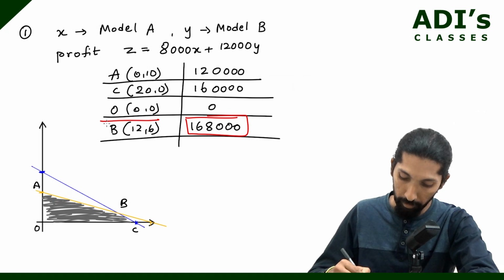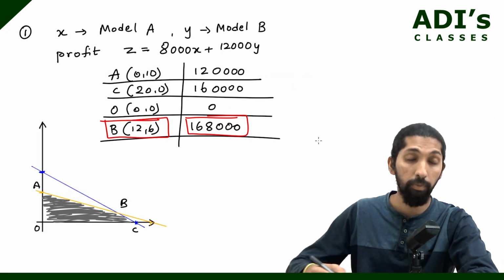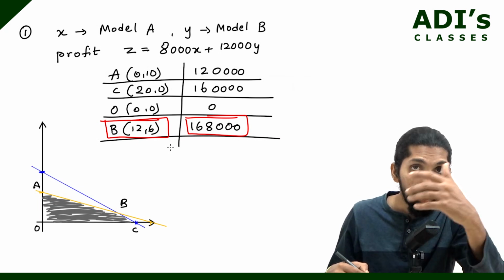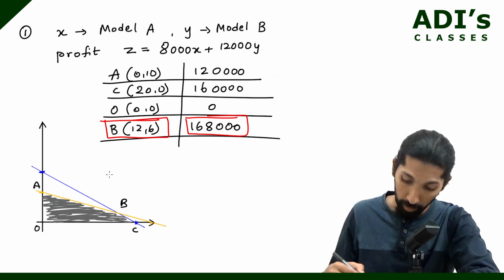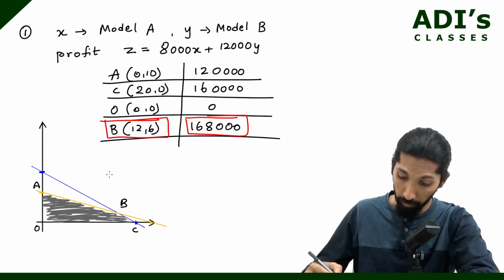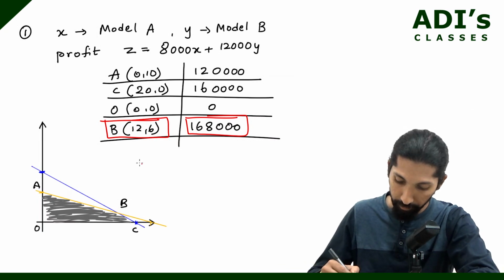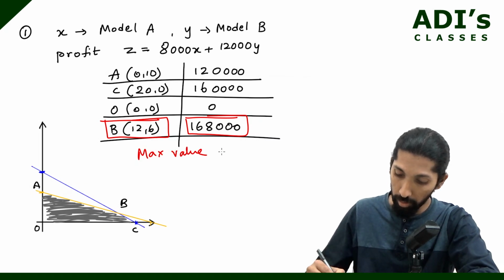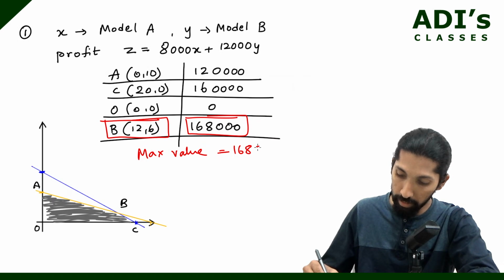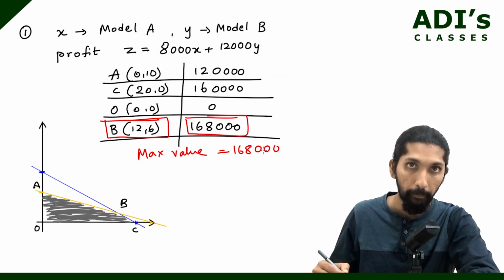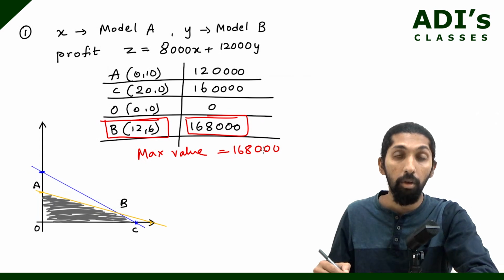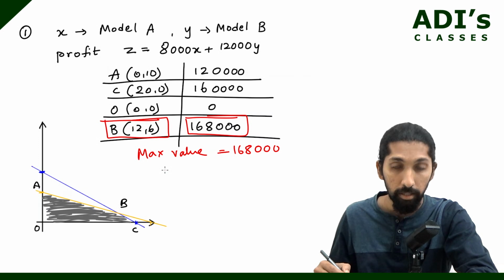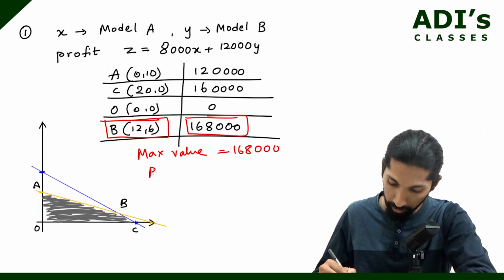Now, if you look at it, the maximum value is nothing but this. So the maximum point, or what we call the corner point, will be 12, 6. So, how do we answer this one now? Final answer, we can write the maximum value is 168,000, correct? How many product A and product B should be there?